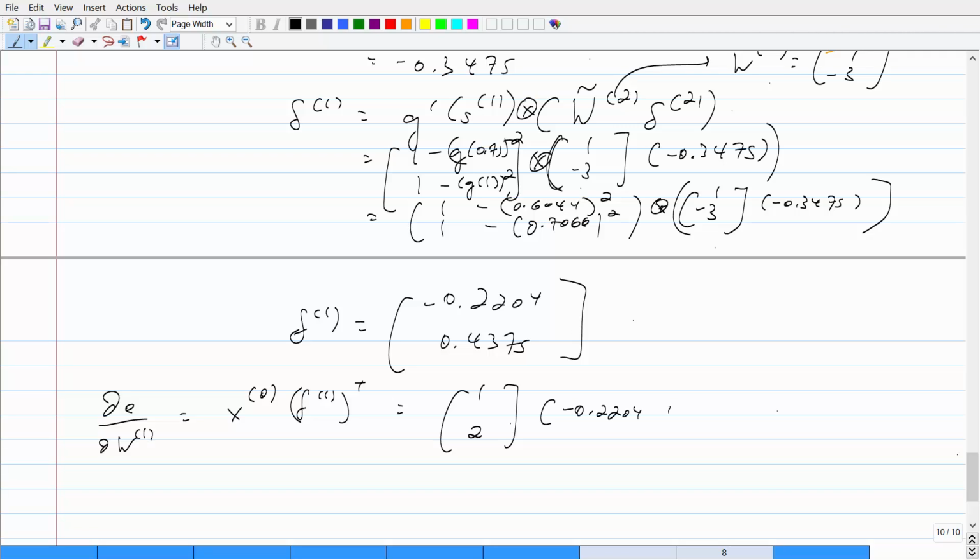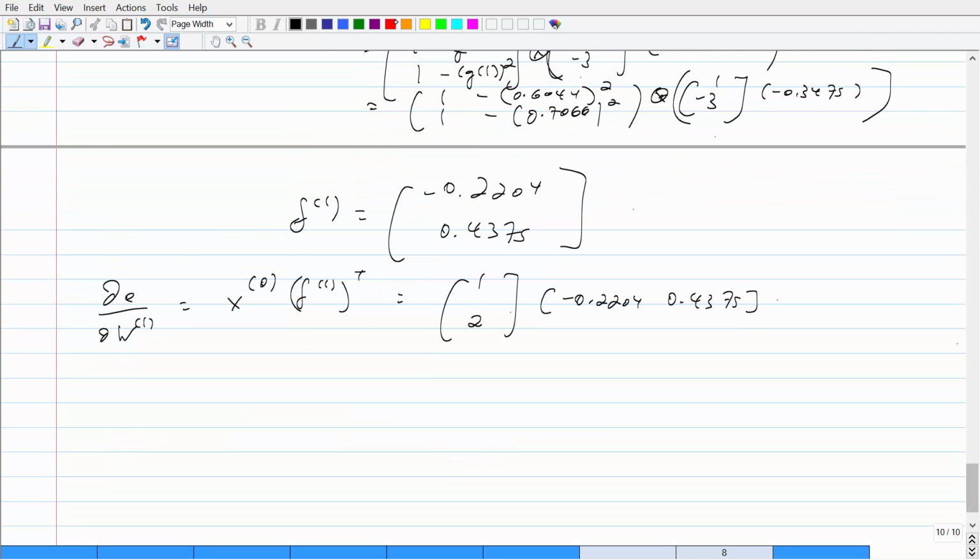Remember, this is the transpose, so each of the rows become the columns and vice versa. This is what's known as the outer product. How you actually calculate this is you simply take each of these numbers and scale each row by that number. So you're going to produce a matrix where the first row is just this row scaled by 1.